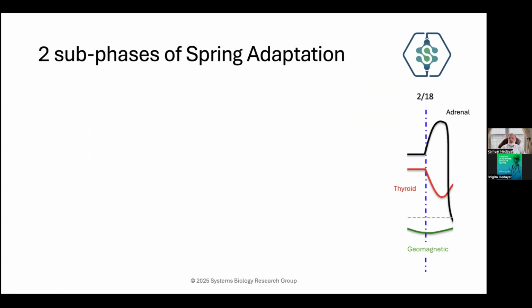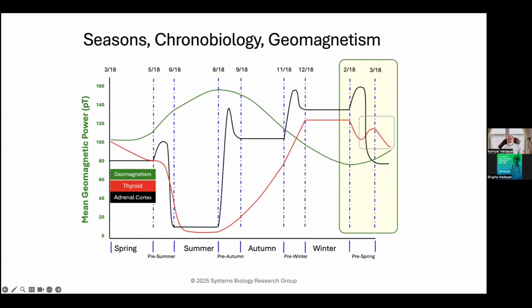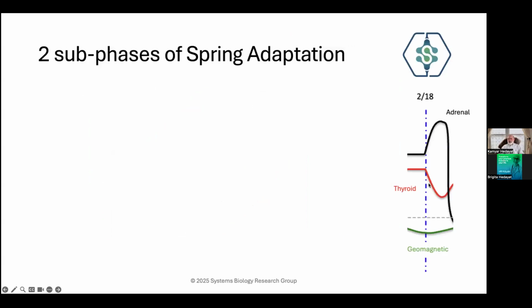So let's start to look again at the normal physiology of adaptation before we come to understand these disadapted states. So we can talk about two subphases, okay? We're going to talk about this phase here, and we're going to talk about this phase here. So here's a close-up of what I showed you. Here's February 18th.